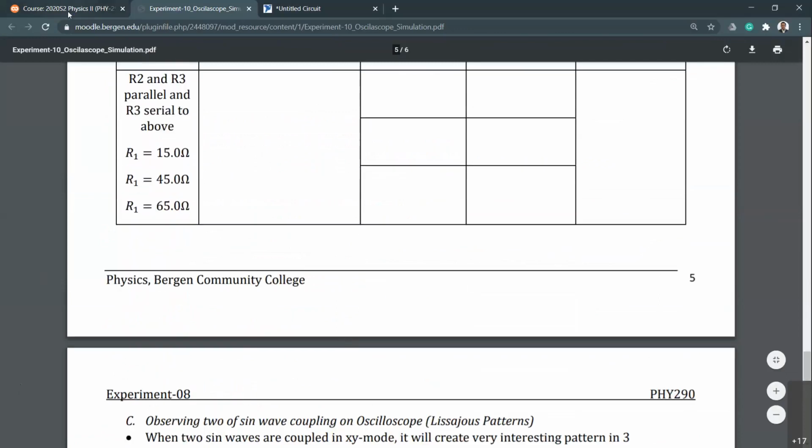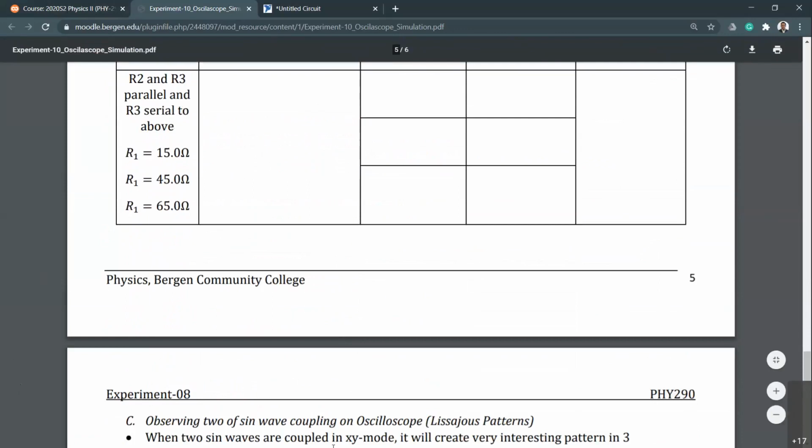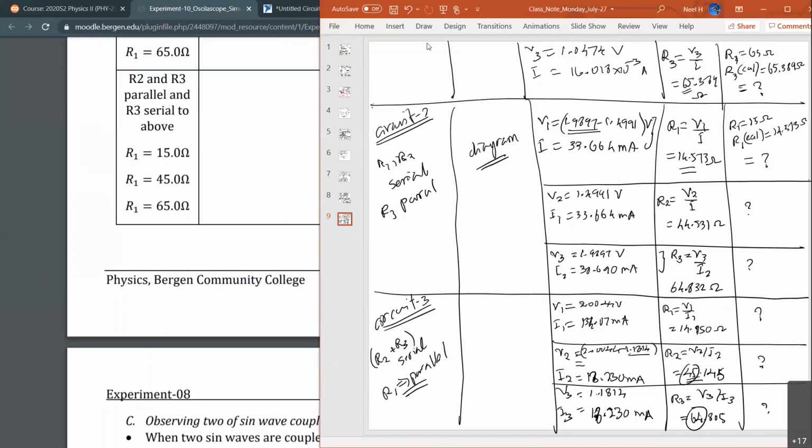So let's see. Lissajous figures happen for a simple reason. If you apply two waves, one wave oscillates on the y-axis and let's put the time axis on x. Then we put another wave that oscillates on the z-axis, and let's put the time axis the same.